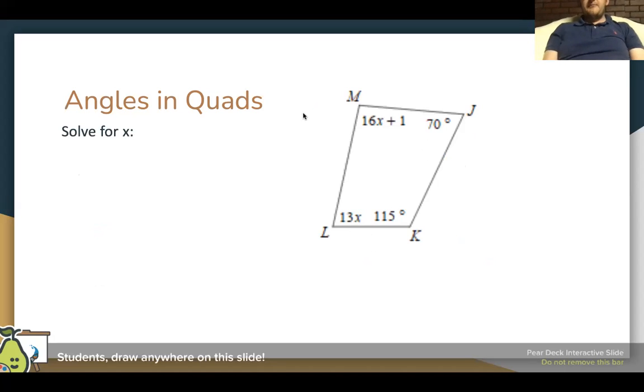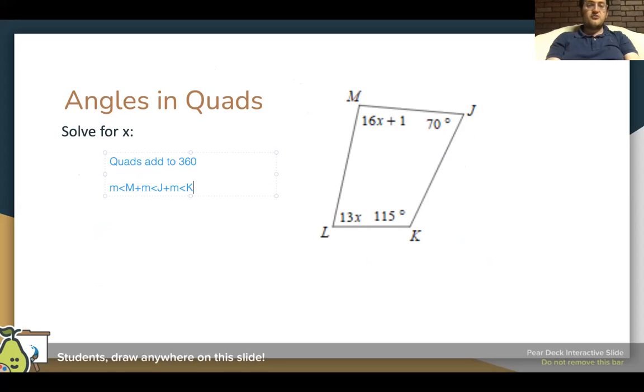This one, same idea. So quads add to 360. If this one's a little bit busy with the algebra, I could say that the measure of angle M plus the measure of angle J plus the measure of angle K plus the measure of angle L equals 360.